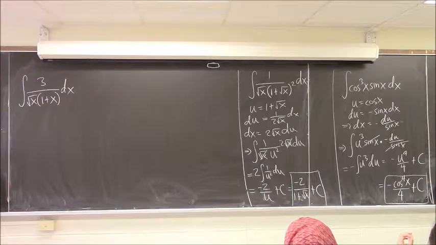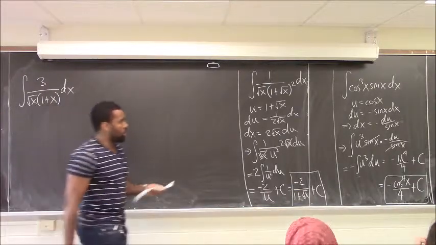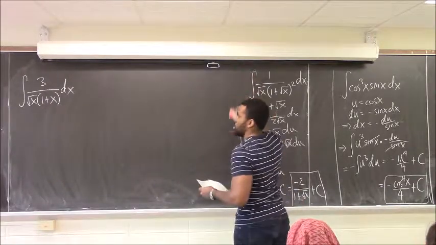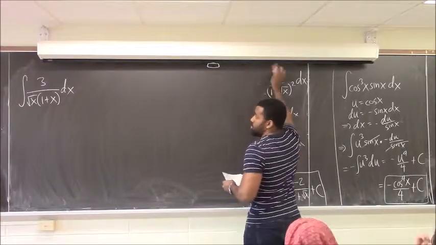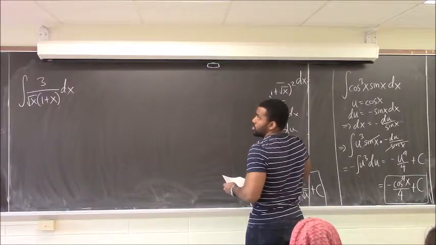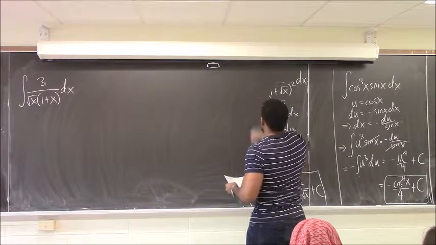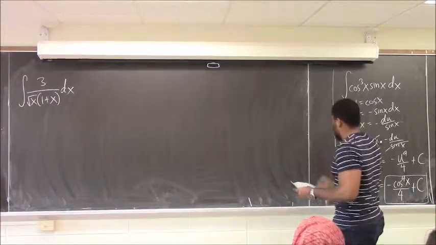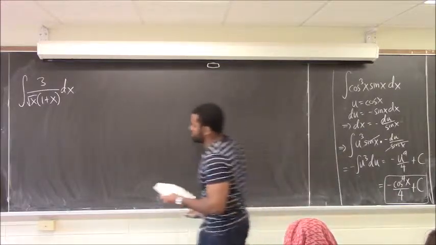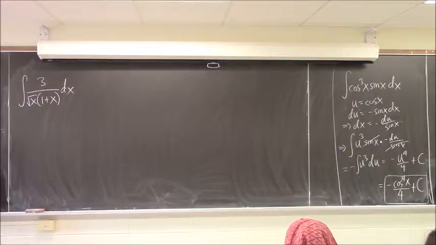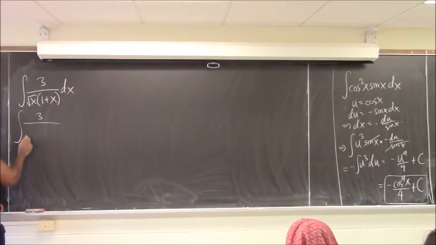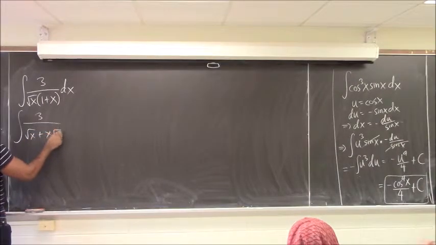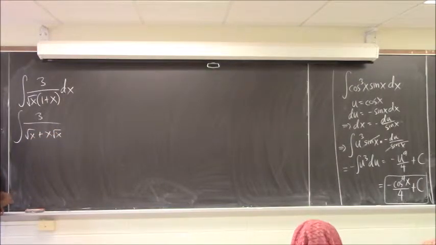Distribute the radical x and factor out x to the 3 halves? Yeah. To what end? So du would equal dx times radical x, and then if you made that, wouldn't that be equal to x to the 3 halves? And if you differentiate it, it would be 3 halves x. But I mean, if you were to distribute, this would be radical x plus x radical x. Yeah. And then you factor what? And that would make u equal to the x plus radical x all around.